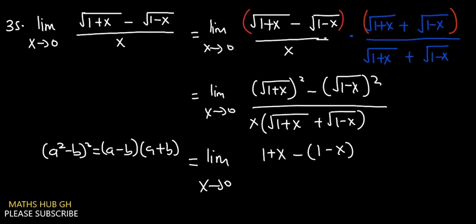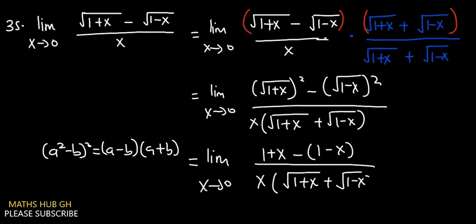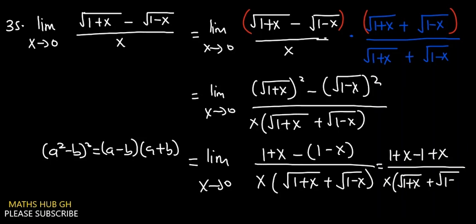This is what you are going to have, all this divided by x, bracket open, the square root of 1 plus x plus the square root of 1 minus x. So for the numerator, we are going to have 1 plus x minus 1 plus x, all this divided by x, bracket open, the square root of 1 plus x plus the square root of 1 minus x.